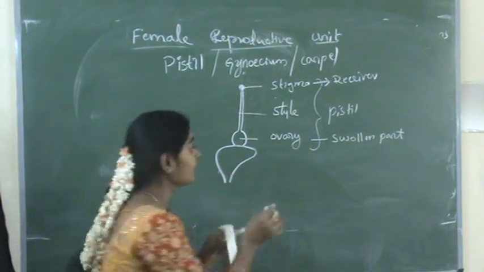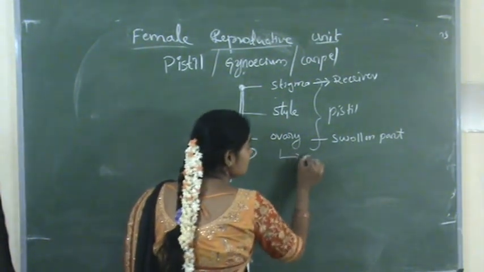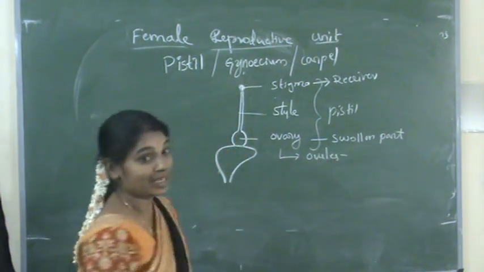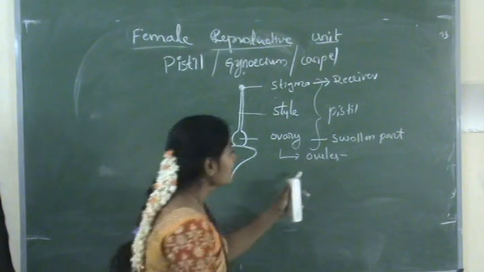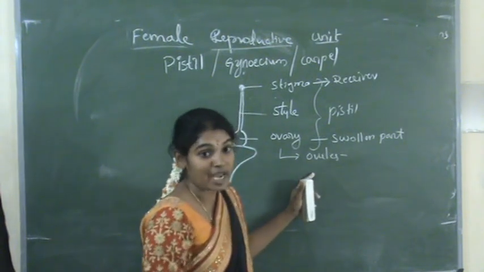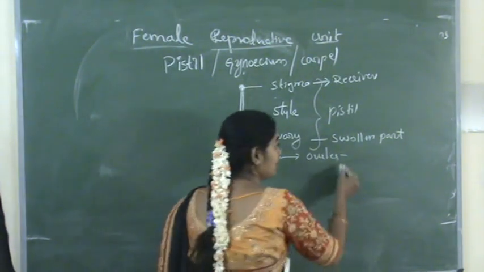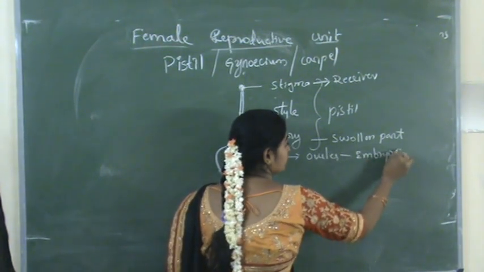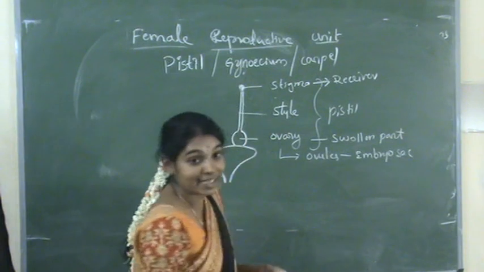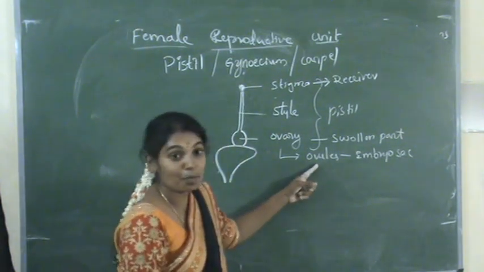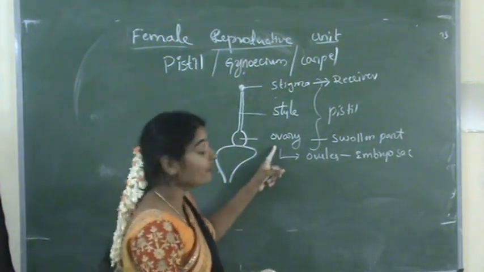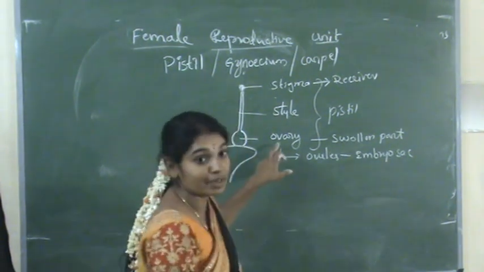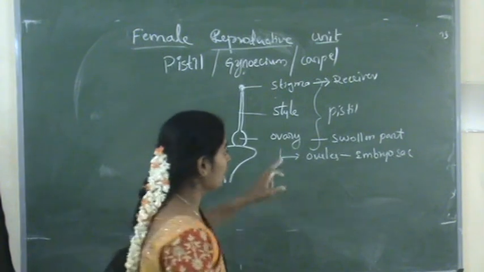Inside the ovary the ovules are present, from which the female gametophyte, or the embryo sac with female gametes, is formed. On fertilization, these ovules become seeds and the ovary becomes fruit. The walls of the ovary become the fruit wall.